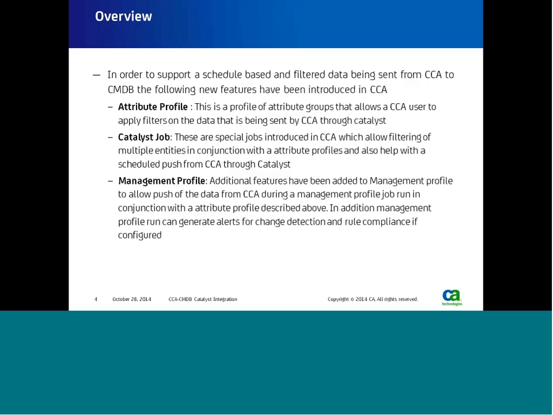CCA can discover any number of servers based on network profile, through NDG or direct addition through UI. But if I am interested in specific servers to be published to Catalyst, I can select only those specific servers in a Catalyst job, or I can select those specific services. Only those services or servers data will be published to Catalyst.